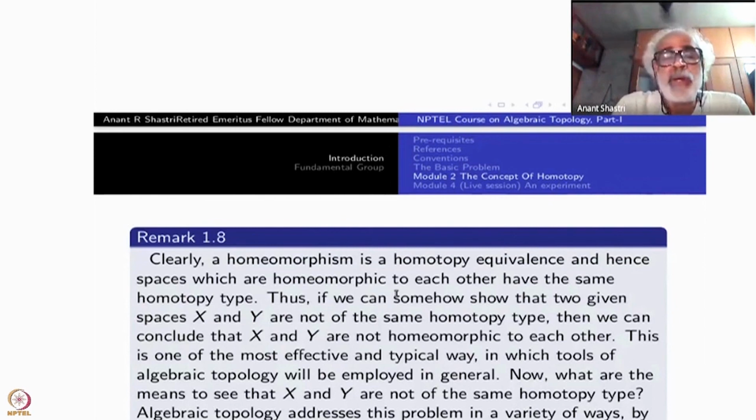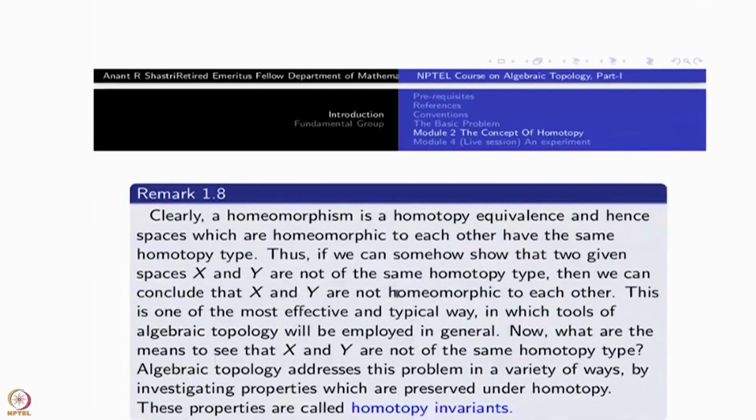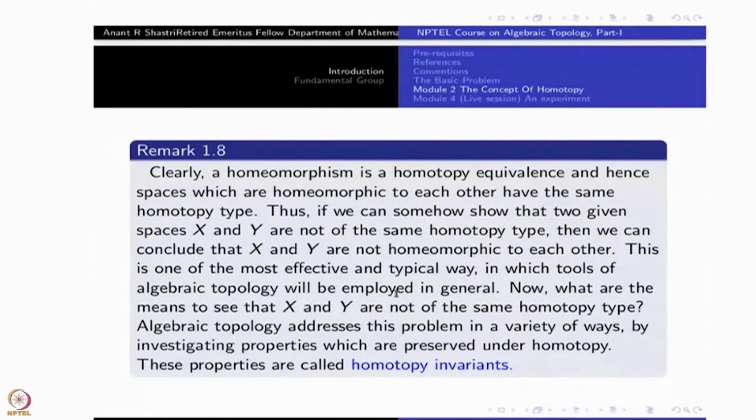This is answered in various ways by cooking up different algebraic or algebraic topological homotopy invariants. Just like we did in point set topology, if something is a T1 space and the other is not a T1 space, they can't be homeomorphic. If something is a T2 space and the other one is not a T2 space, they can't be homeomorphic. So similarly, you have to cook up various homotopy type invariants.